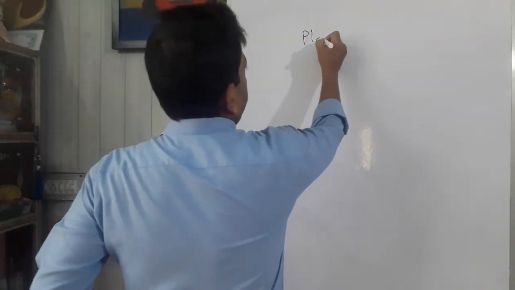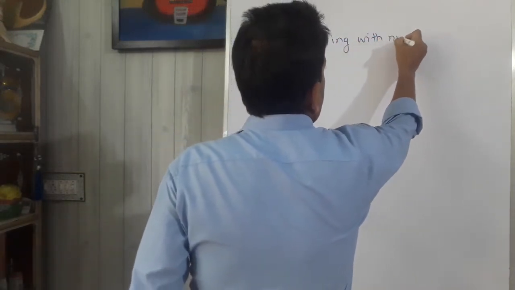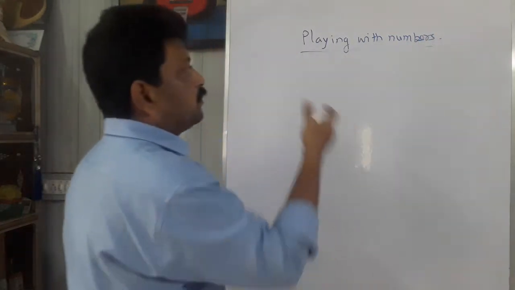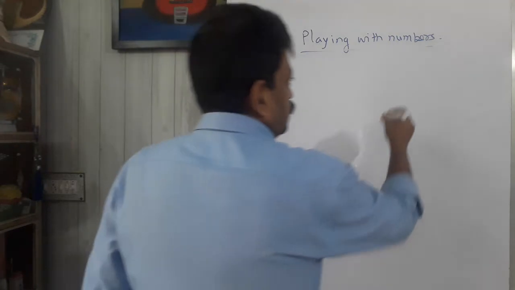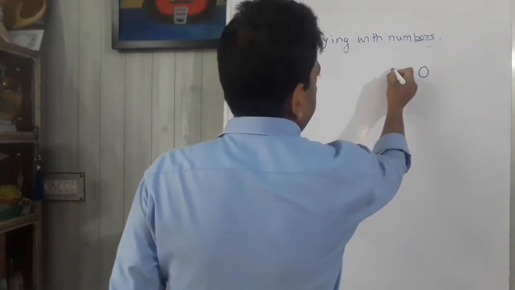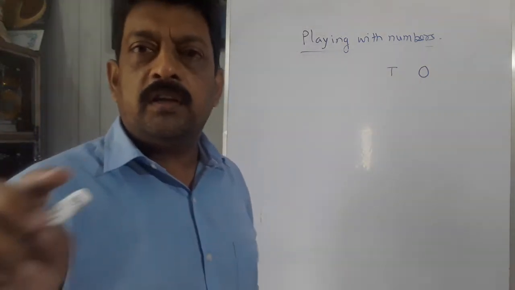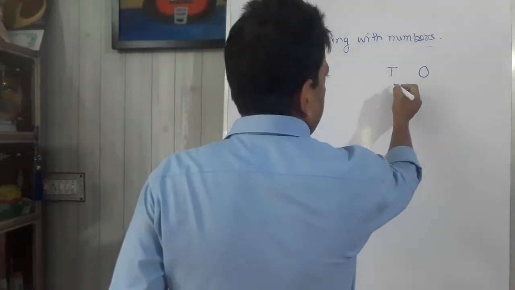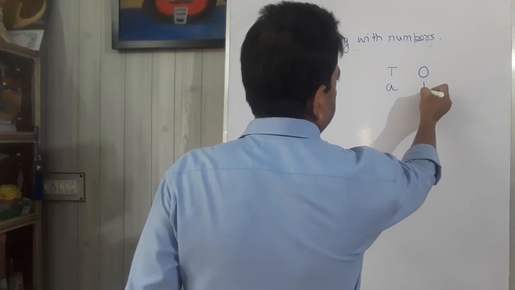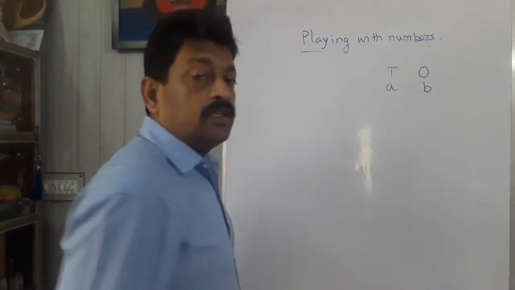So our topic is playing with numbers. Here we are going to deal with 2-digit numbers. A 2-digit number has two places, the ones place and the tens place. Generally, the tens digit is taken as A and the unit digit as B. So A and B are the digits.